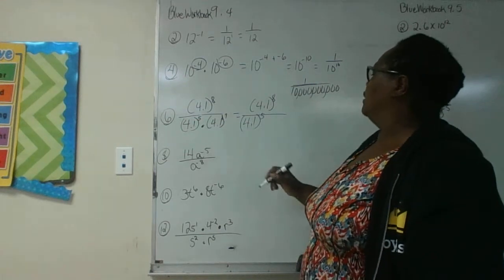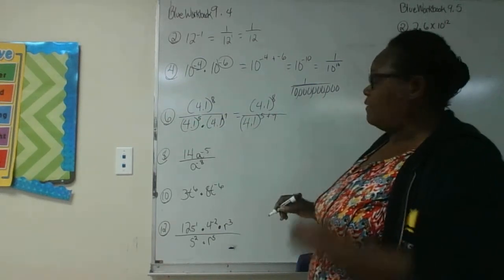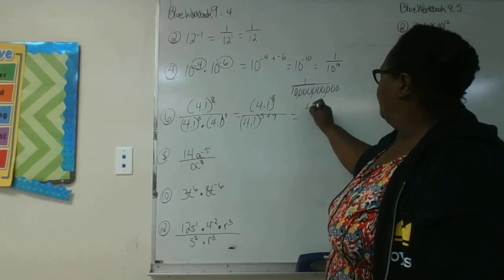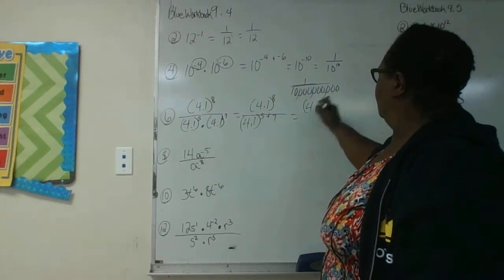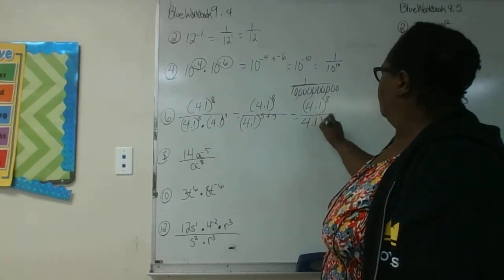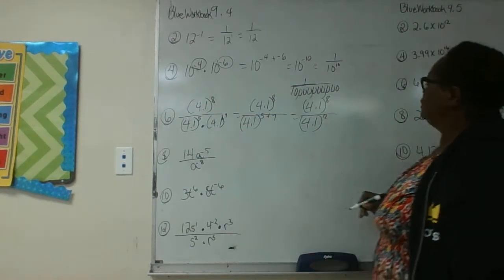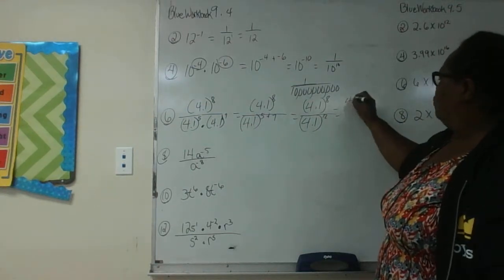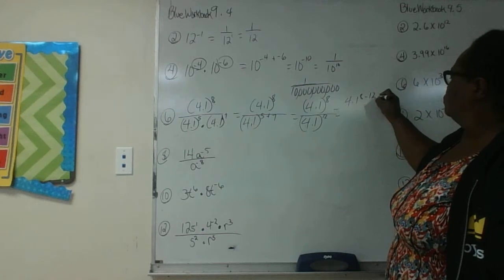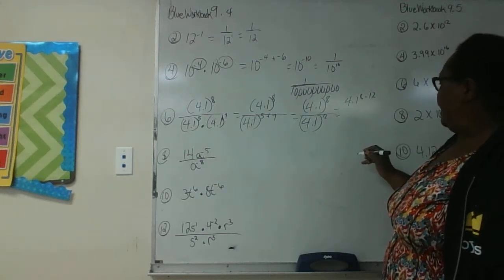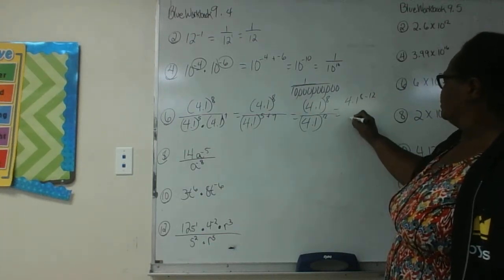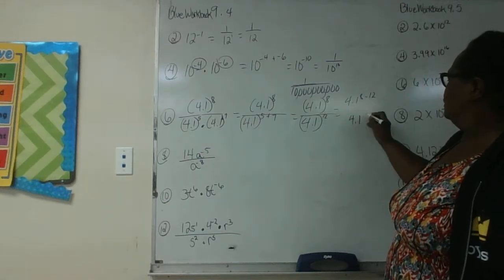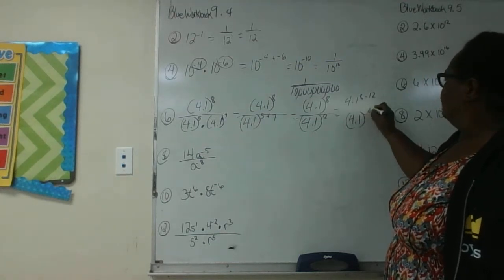And here, because they're being multiplied, we're going to add it to 7. So therefore, we have 4.1 to the 8th divided by 4.1 to the 12th. Then we're going to take 8 minus 12, and therefore our final answer is 4.1 raised to the power of -4.